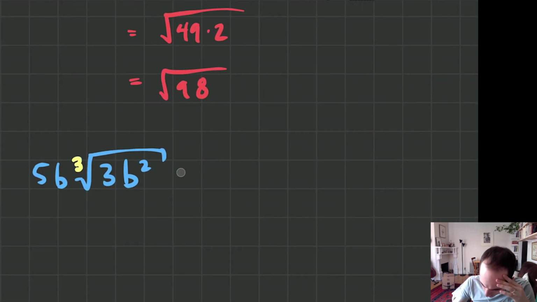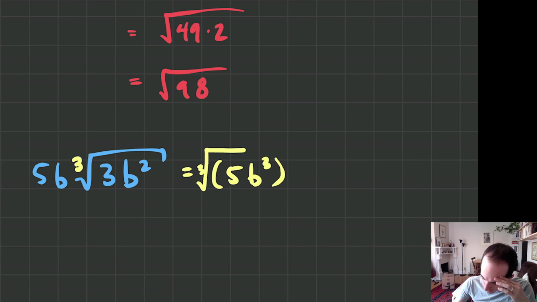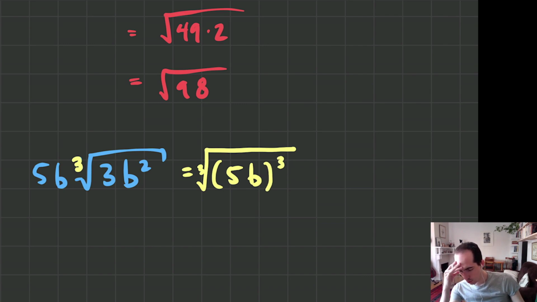So this is going to be equal to, well, the 5b, what I'm going to do is write this as 5b cubed, but then I'll take the cube root of it. I'm hoping that you can see that that's the same thing as 5b. Oops, and I put the exponent in the wrong spot. There we go. So 5b, all of that cubed, and then I take the cube root of that.